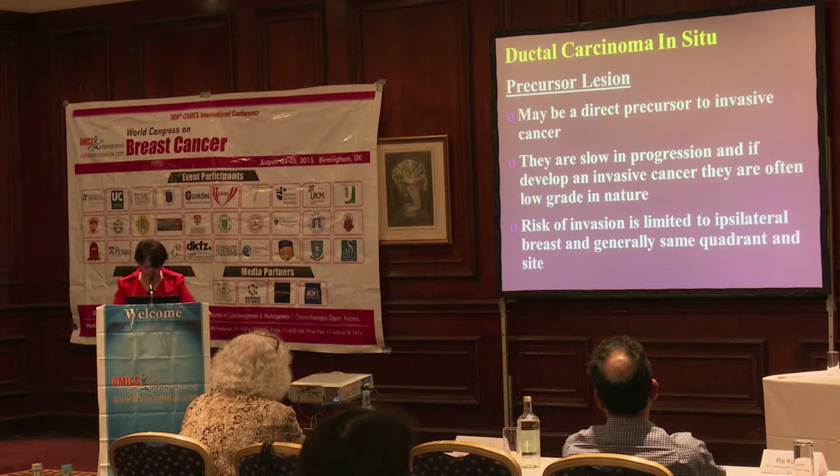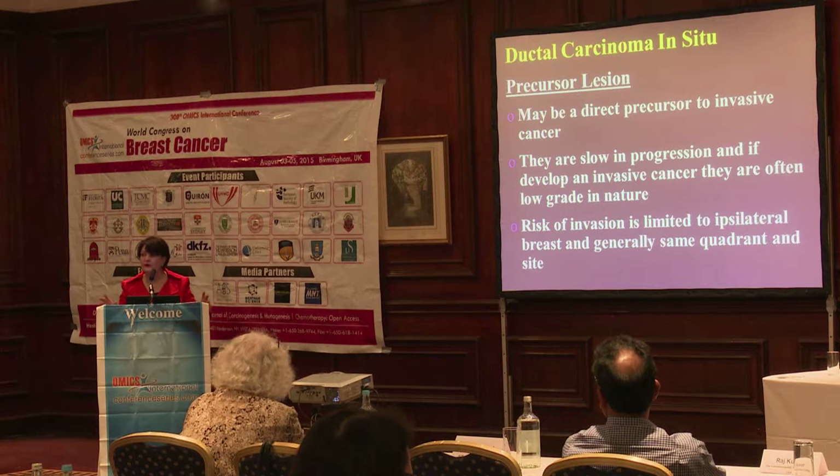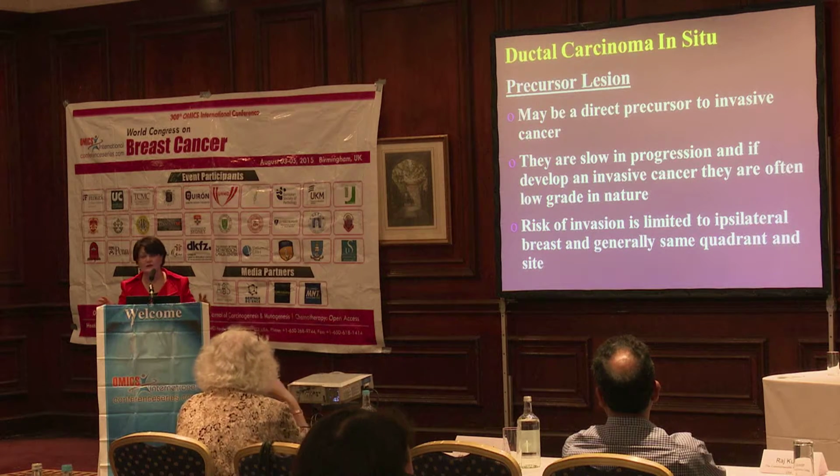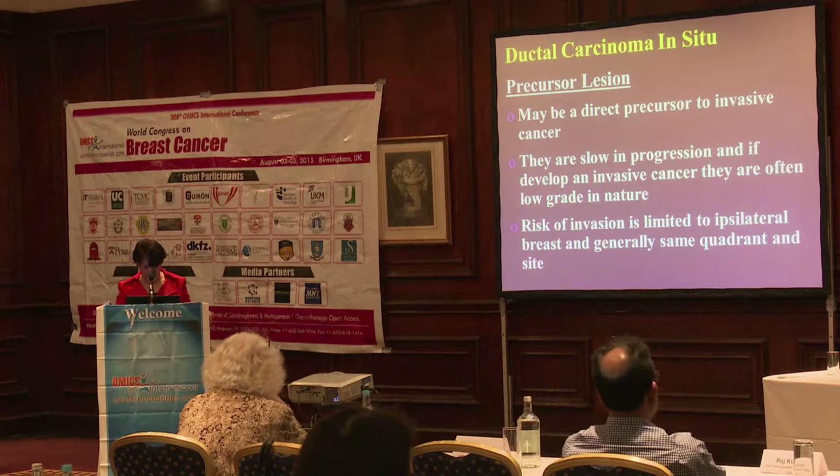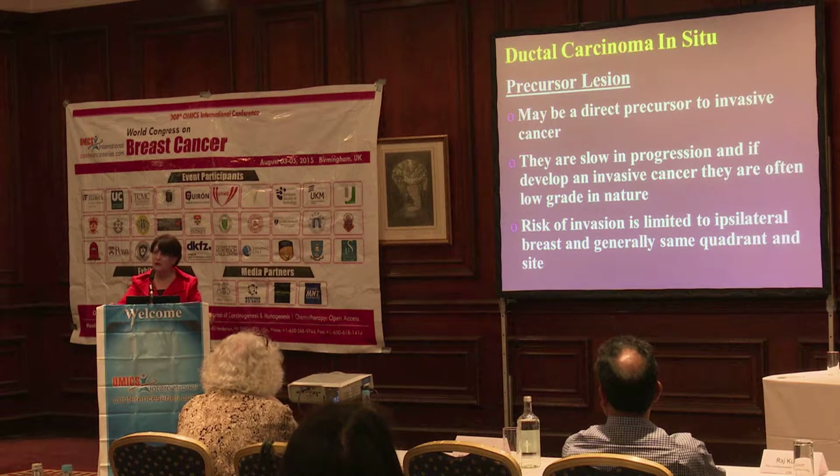Now, when we look at this cascade of events of precursor lesions and ductal carcinoma in situ, the difference between calling something atypical ductal hyperplasia versus low-grade DCIS is that precursor lesions, meaning ductal carcinoma in situ, may be a direct precursor of an invasive cancer.